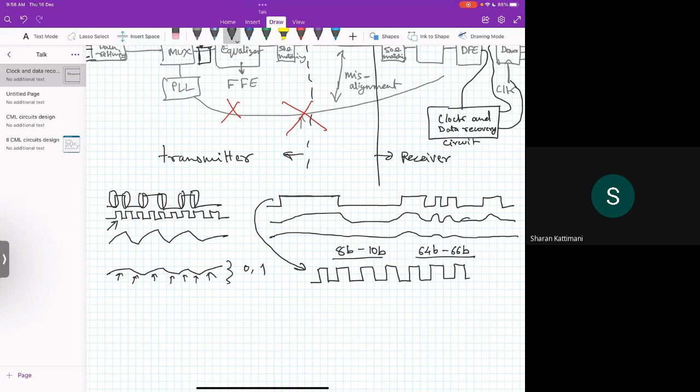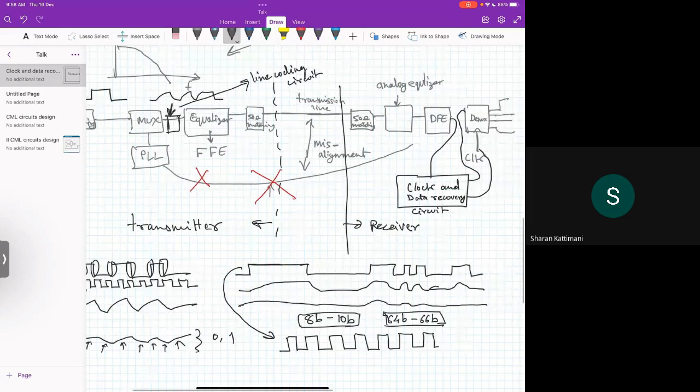There are different smaller techniques also, but these are the standards generally used. It converts 8 bits to 10 bits, so there will be frequent fluctuation of 1 and 0. First they encode at the transmitter side, and then they decode at the receiver side.